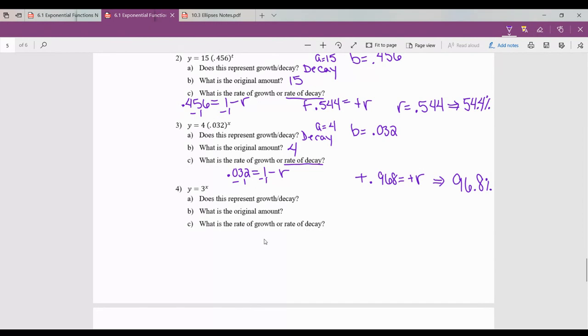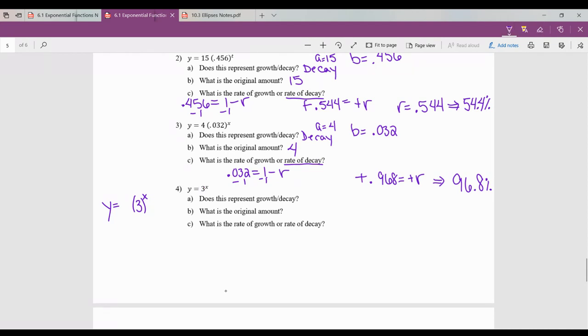All right, last one. Ooh, this one is a little bit tricky. So I want you to check that out, think that over for a second. Okay, so we've got no parentheses, but technically this is like parentheses around the 3 because the 3 is connected to the x. So if we had y equals parentheses 3 to the x, I'm going to just erase the parentheses around here so we can see what the equation was.